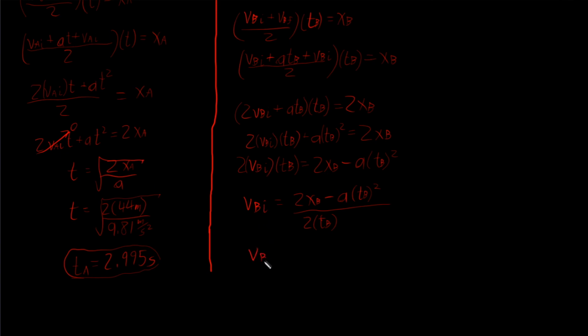So let's plug in these values here. What do we get? We get 2 times this value here. How far did stone B fall? Remember, that was 44 meters, minus the acceleration, which is 9.81 meters per second squared, because we're assuming that we're on Earth, times what was the time that stone B was falling for? It's 1 second less than this. We didn't write this down anywhere, but just know that time B is 1 second less than this.